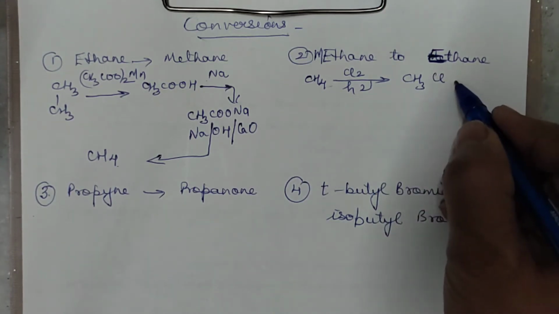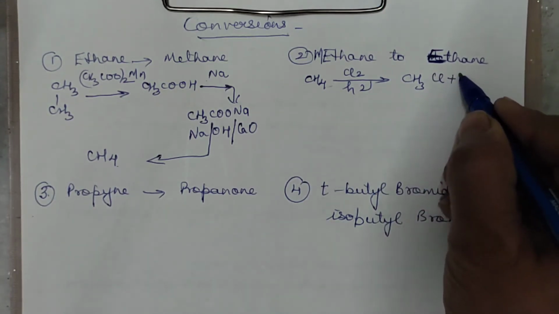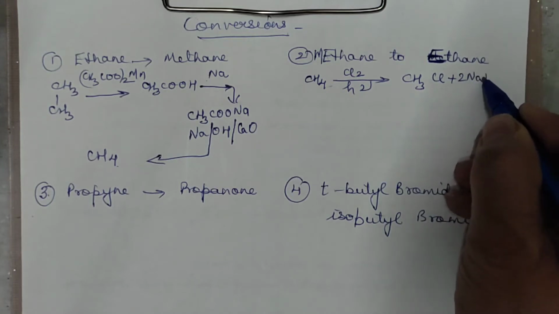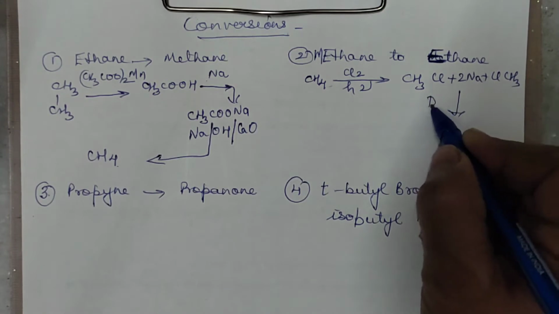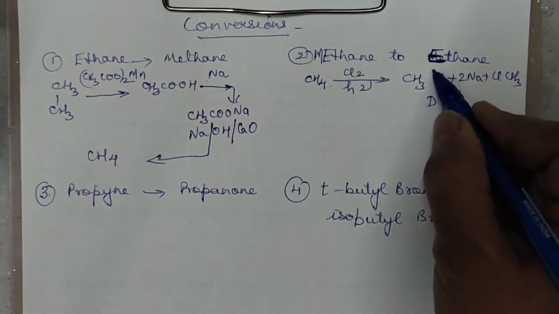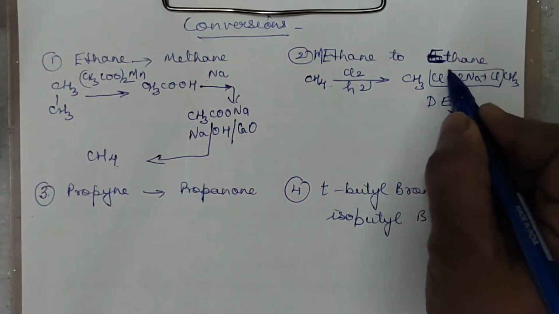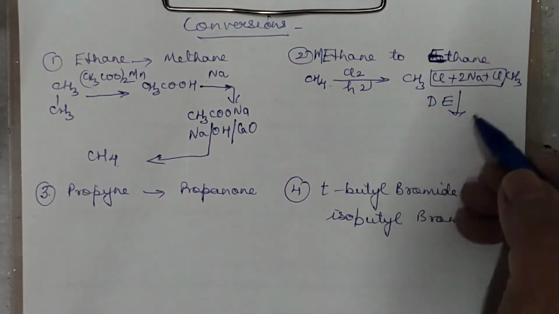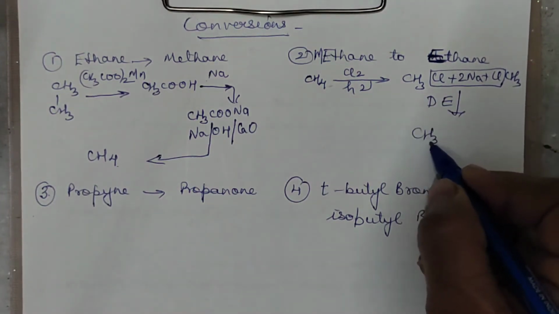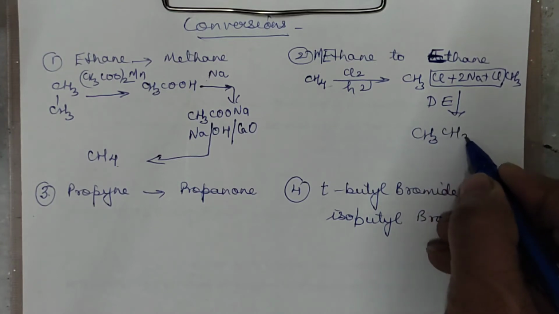Now 2 methyl chlorides, you will react with sodium in the presence of dry ether. So this part will come out as sodium chloride, and you will have ethane here.